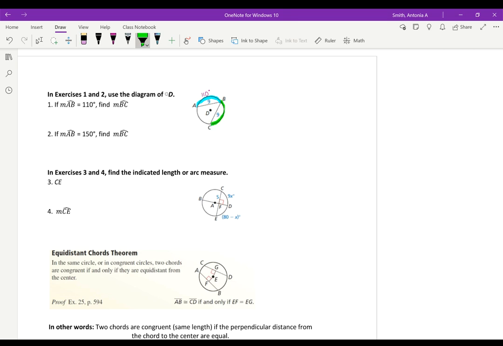Okay. So using one of those two theorems from before, we know that this arc AB is the same as this arc BC. They are at the same distance, 9. Okay. So if our chords are congruent, then our arcs are congruent. So if this is 110, this is also 110 degrees.